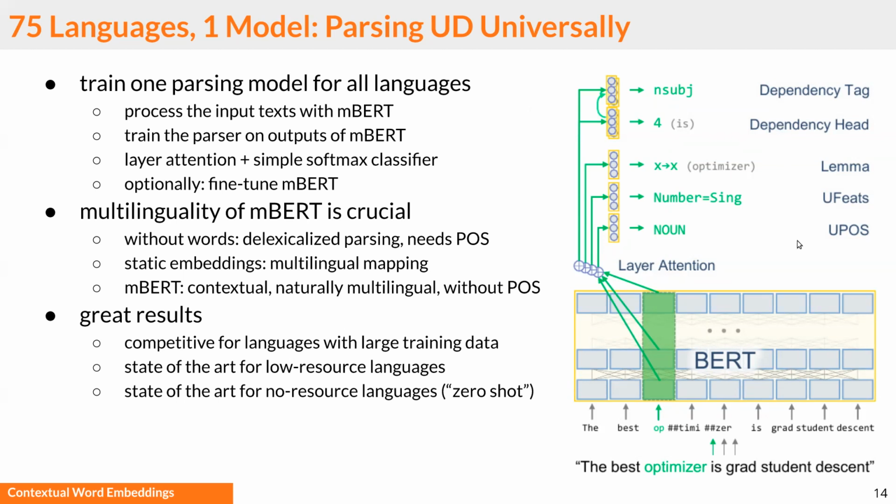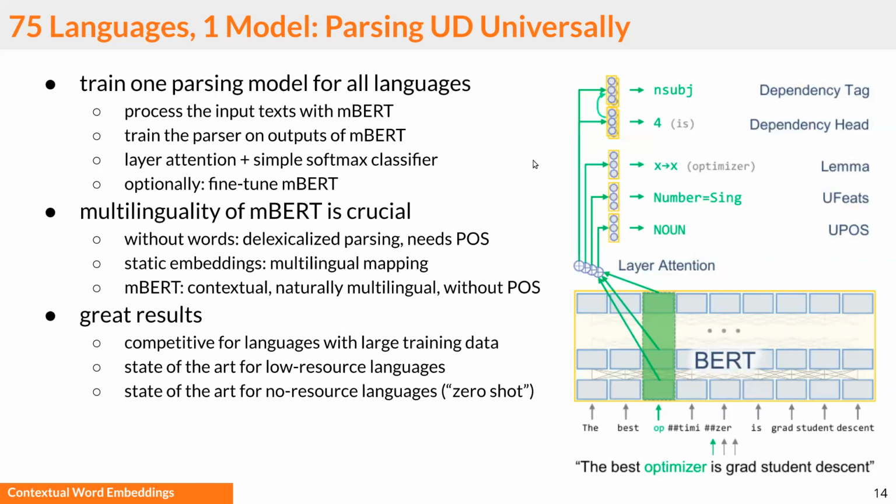So it works easily. You take the sentence, you get the mBERT representations, and then you can predict various annotations, so part of speech or features or lemmas or dependency structures, mostly independently.